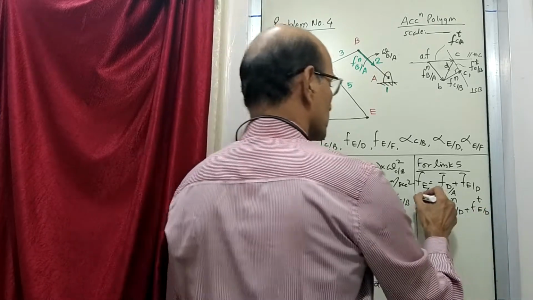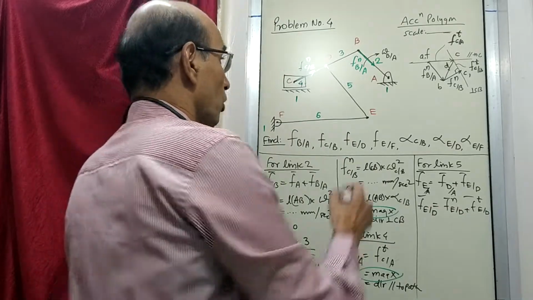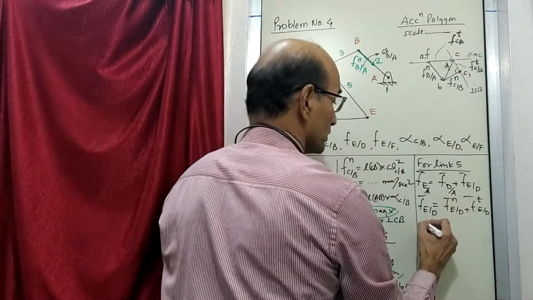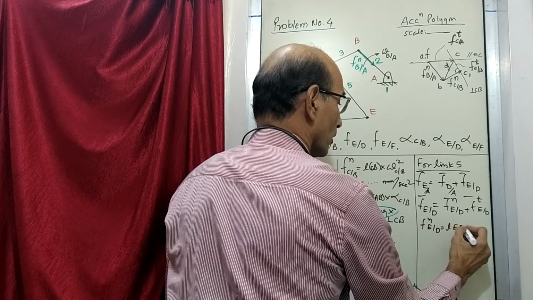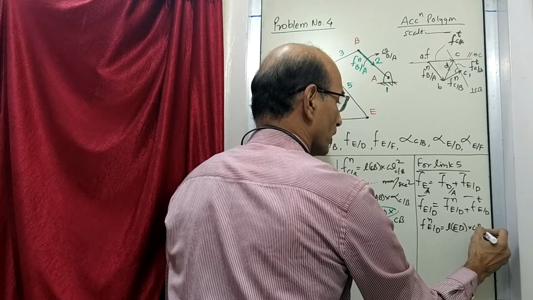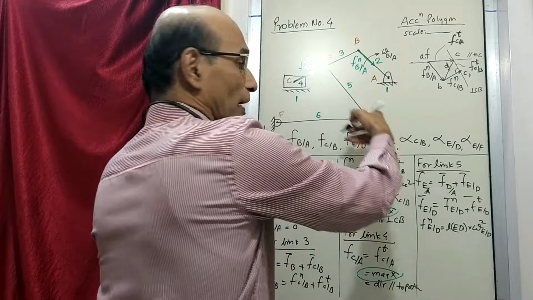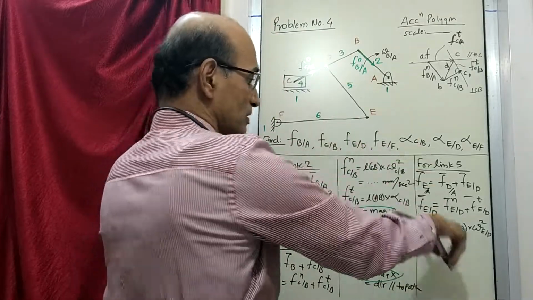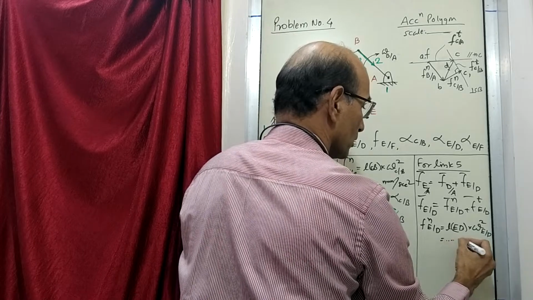So 2 components, normal and tangential, of E with respect to D. Now out of that, this normal component is length into omega square. And since you have found out the angular velocity in the velocity analysis, the entire answer you can find out.